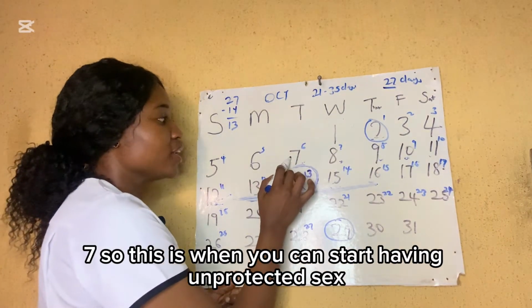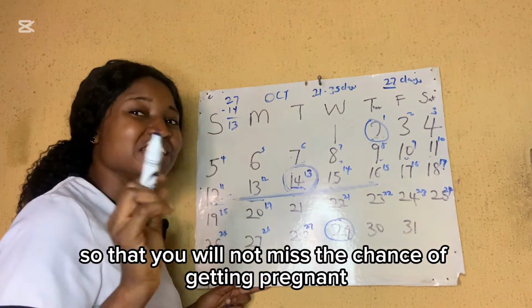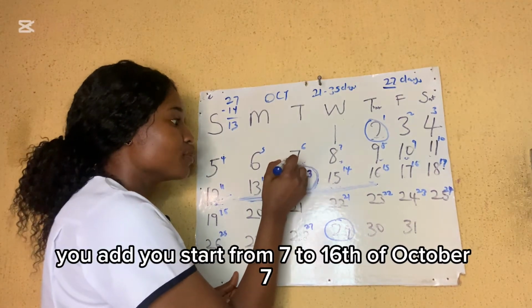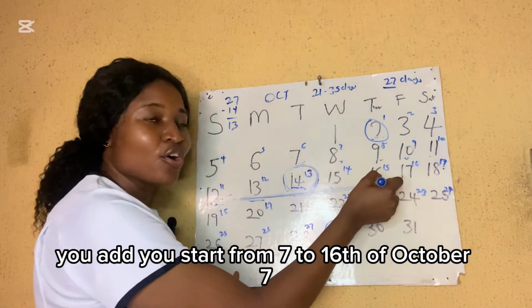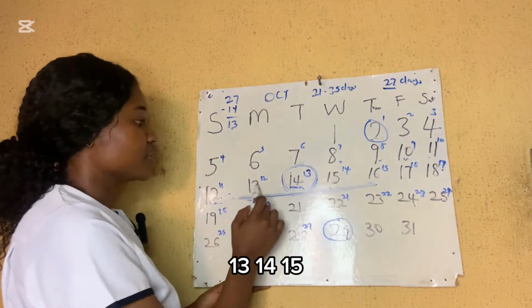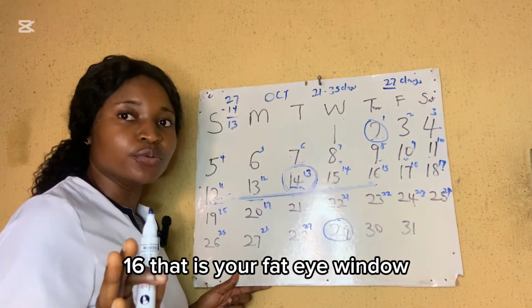So this is when you can start having unprotected sex so that you do not miss the chance of getting pregnant. You start from the 7th to the 16th of October: 7, 8, 9, 10, 11, 12, 13, 14, 15, 16. That is your fertile window.